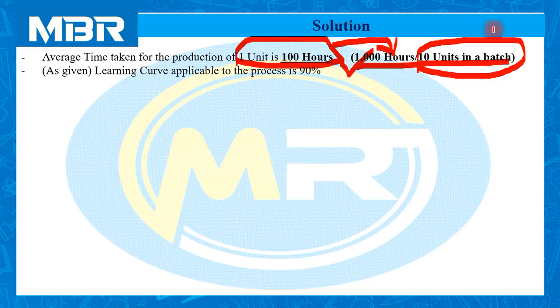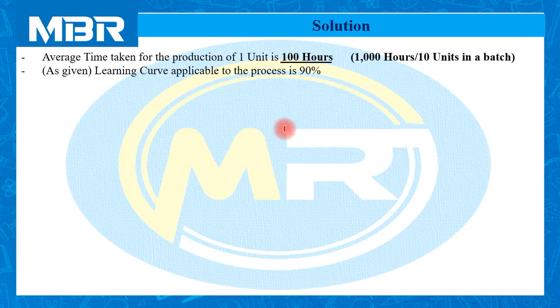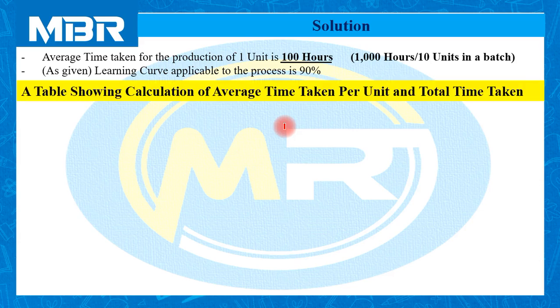So from this information, we can easily calculate average time taken for the production of one unit. As given in the question, learning curve applicable to this process is 90%. Using these data, we have to calculate total labor hours for different batches of output.